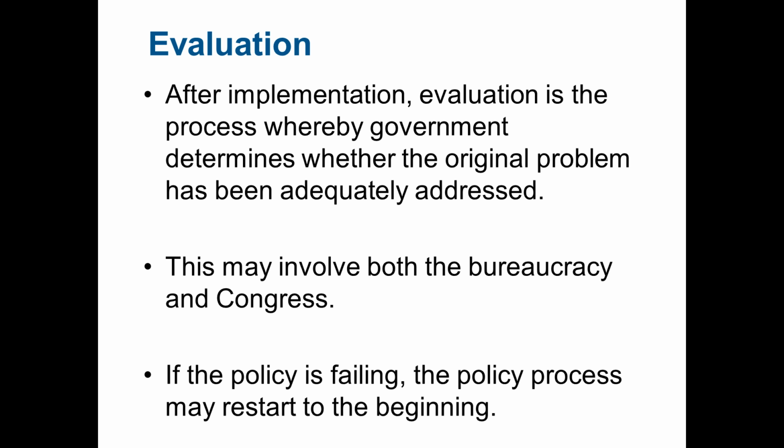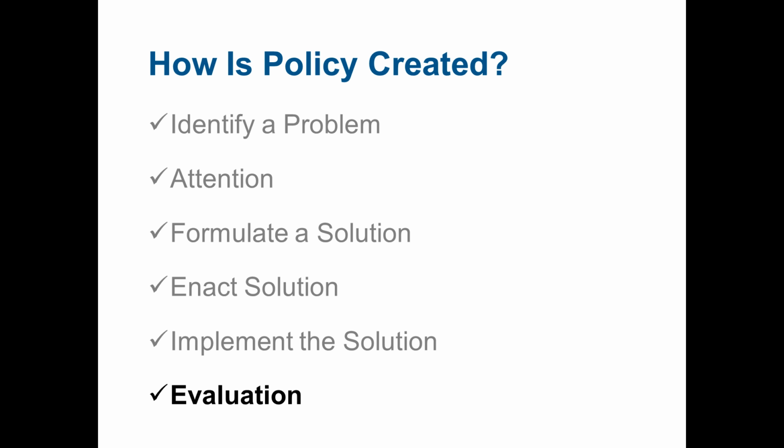Point being here is that if it's not working, oftentimes whatever the original issue was will reemerge. And so in this respect, the policymaking process is put in a list here, but sometimes the evaluation phase can lead to basically a repeat of the entire cycle, where something that's being put into effect is not working.